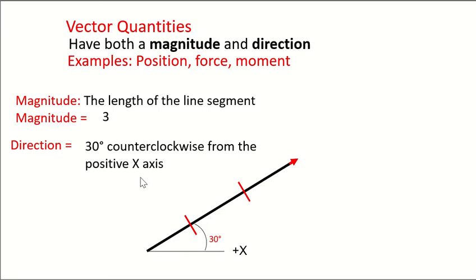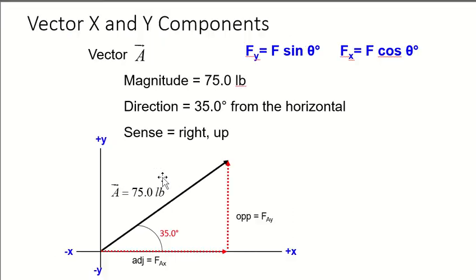Now, I'm going through this fast to show you how to find them. Because when we have a force vector, like this one here, a 75-pound force vector at 35 degrees counterclockwise from the x-axis, I need to break that apart into its x and y components.